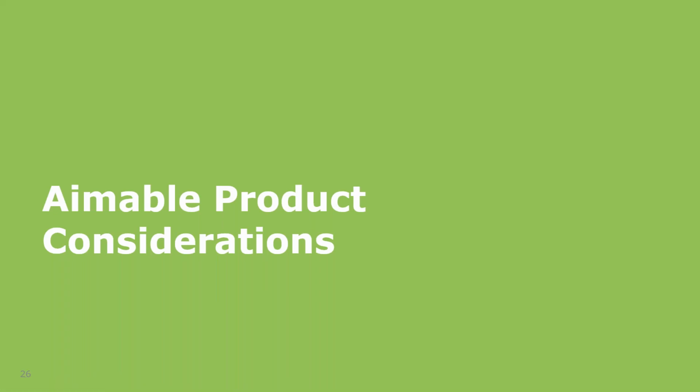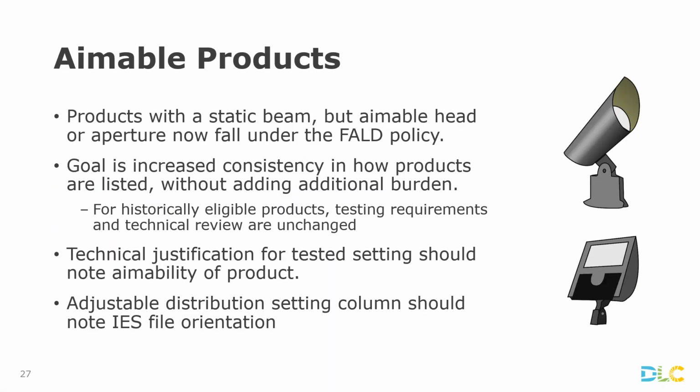All right, so the next section is, if you've read the policy, there is some language in there in regards to aimable products. So previously, products with aimable heads, aimable apertures, products which were directional and where the beam could be directed in more than one orientation relative to the environment, those products have always been eligible.